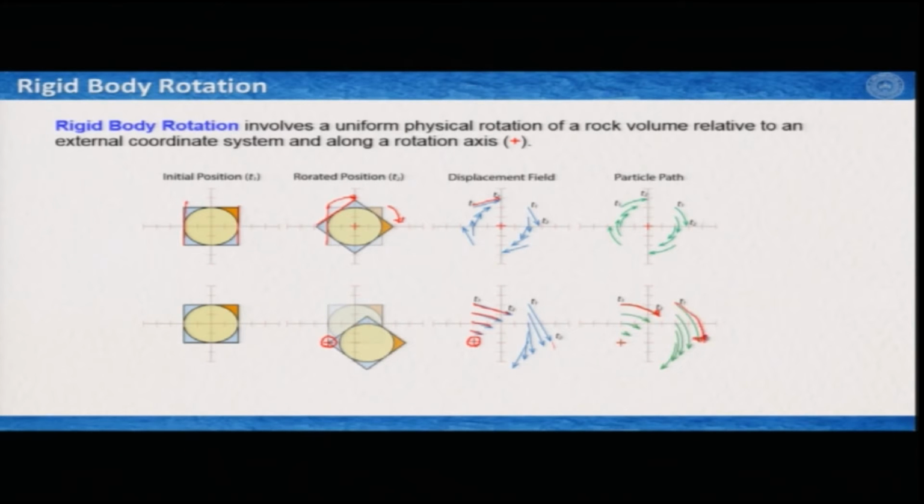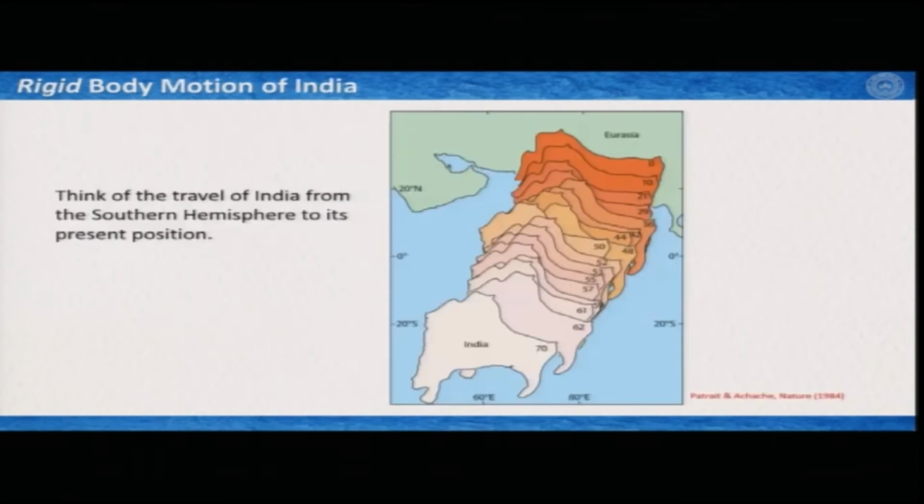Now if we consider what could be the examples of rigid body translation and rigid body rotation, I would request you to think of the great movement or great travel of our Indian plate from the southern hemisphere to where it is now.